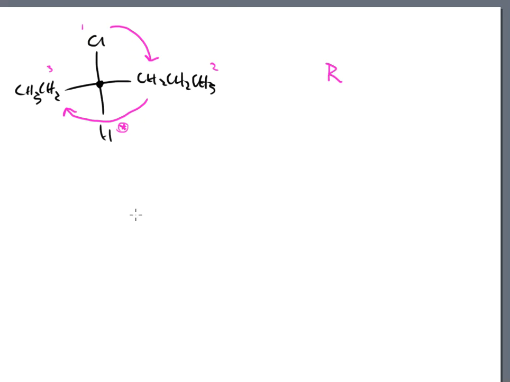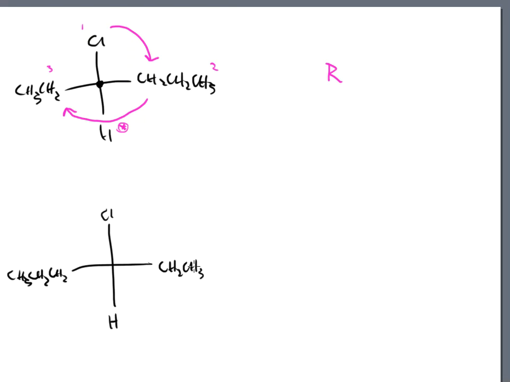Okay, so what if I wanted to represent the S? Well, this is how easy this is. You do your crisscross, the chlorine stays, the hydrogen stays. Do the mirror image, flip it around. So we'll do CH2, CH2, CH3 here, and we'll do CH2 and CH3 there.